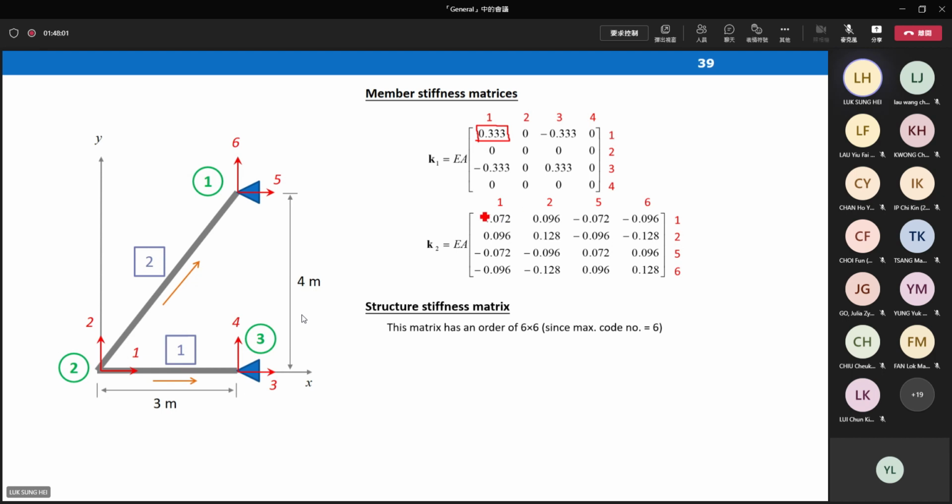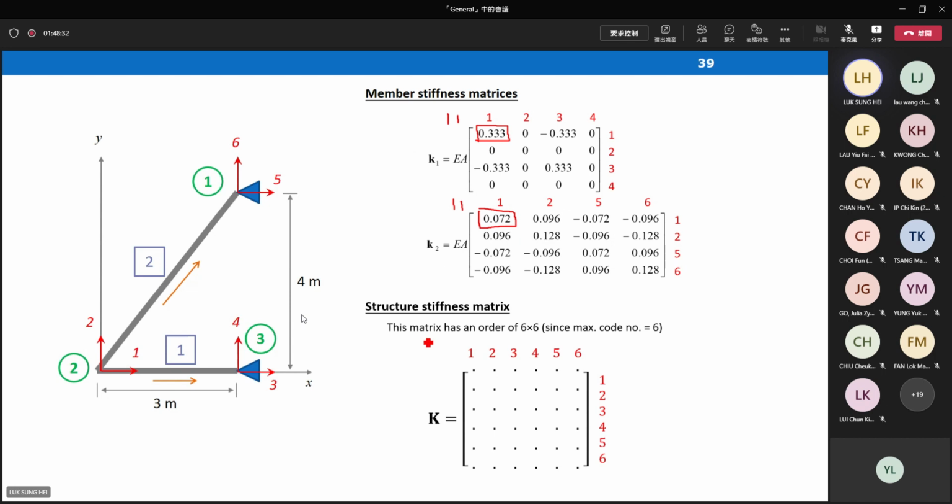For element 2, this element also has index 1, 1, which means that they are along the same direction, they are located at the same positions. So in this case, you can add up these two values together if they have the same index along the row, along the column. Based on this index arrangement, you can add up the two matrices together to form the whole structure stiffness matrix.